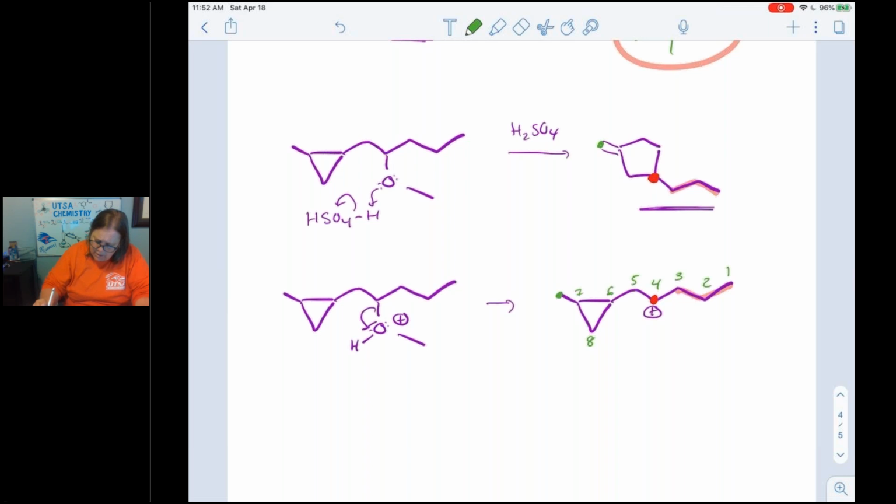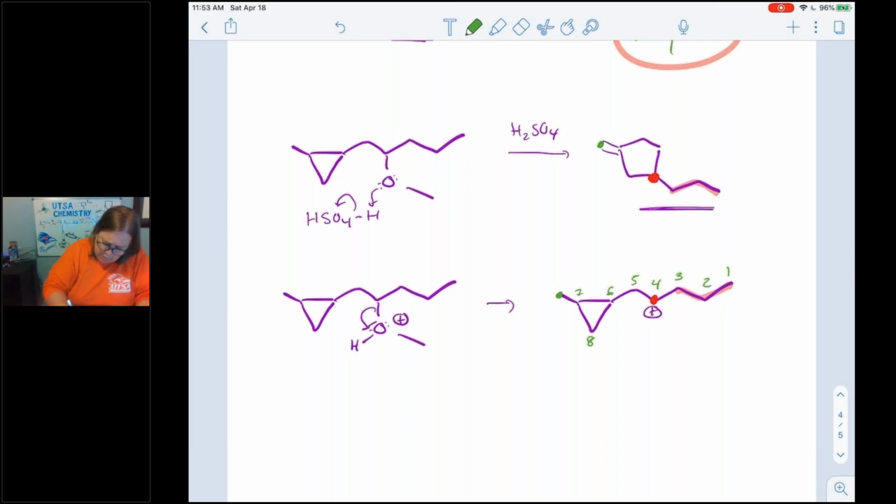So what do we need to do? We need to do a ring expansion, and it looks like, in addition to a ring expansion, we might also have a hydride shift. I know I need to form a 5-membered ring.